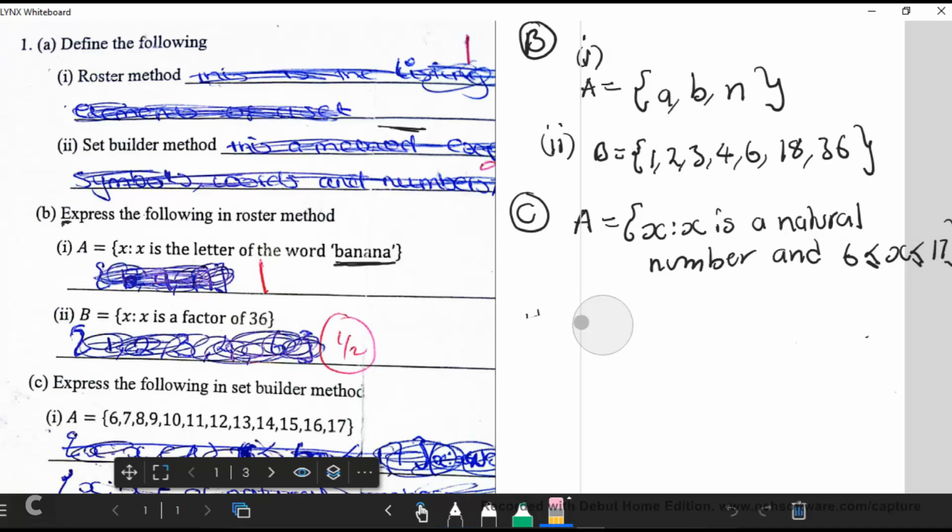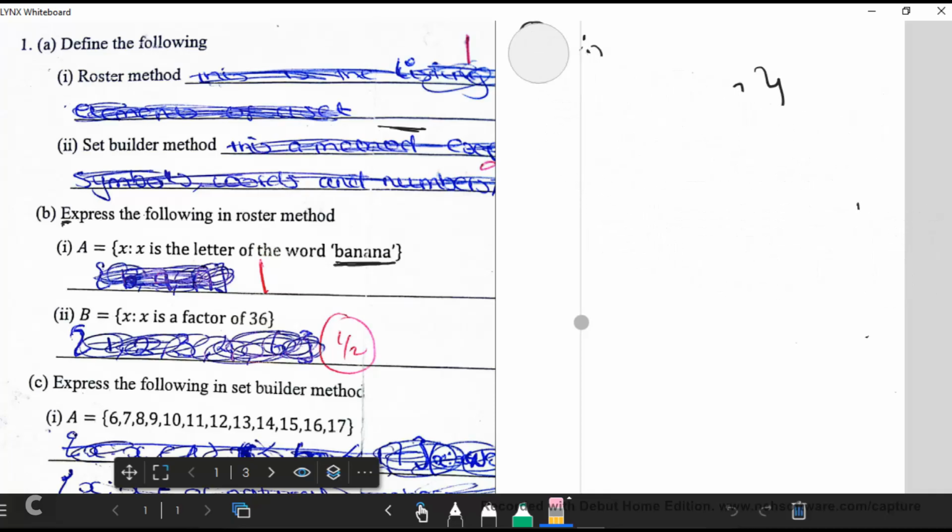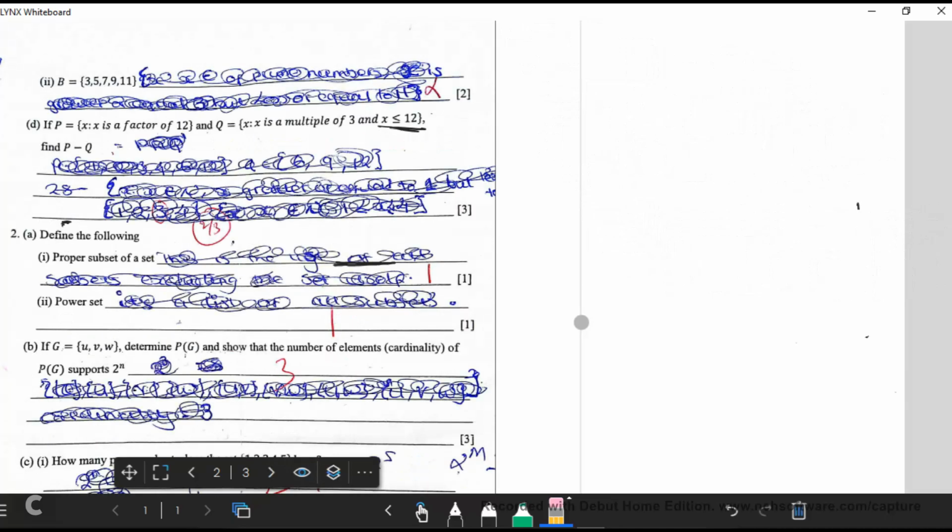Let's go on to question C2 now. This was C1. Let's go on to question C2. Remember that we are putting this in set builder notation, right? So how are you going to put that one? If you look at these numbers, you find that these numbers are odd numbers.